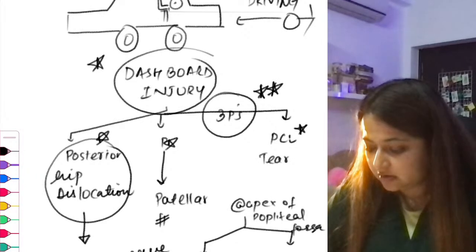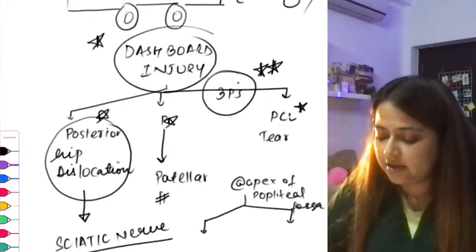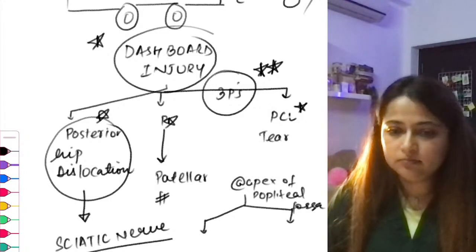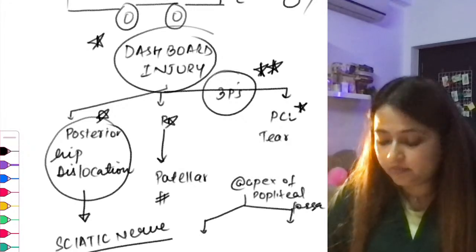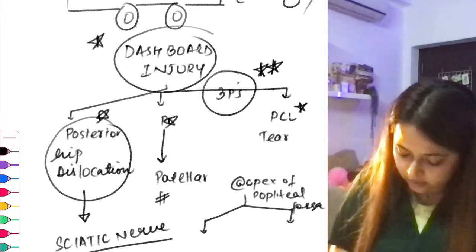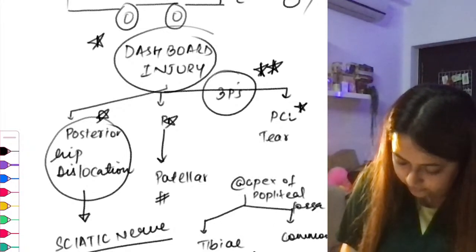Can anyone answer this? Yes, Akash, that is the right answer. The answer to this question is tibial nerve and the common peroneal nerve.